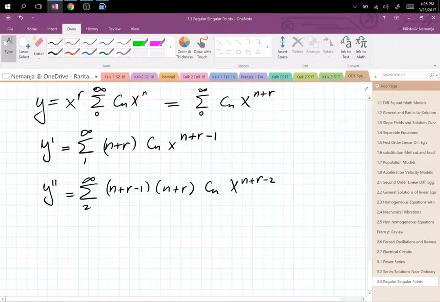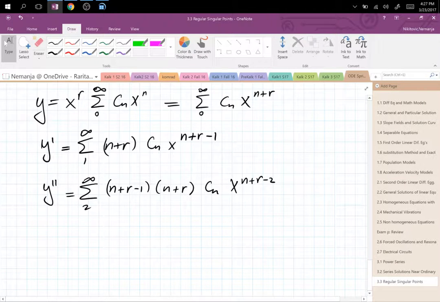Now, this r exponent is not going to be an integer exponent. It's going to be some kind of fraction, because if it was an integer exponent, then this would actually work in 3.2. So that r is going to take us away from what we are used to from the previous section. And this method takes more time to solve because you also have to grind and find r.